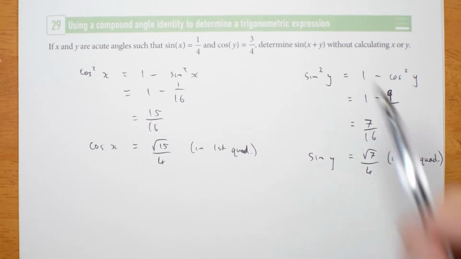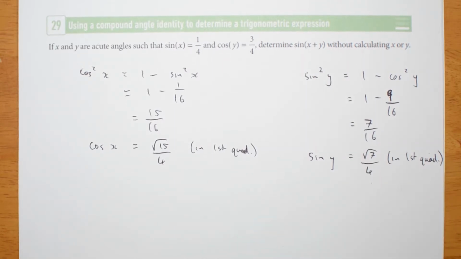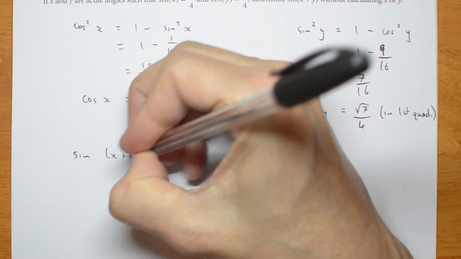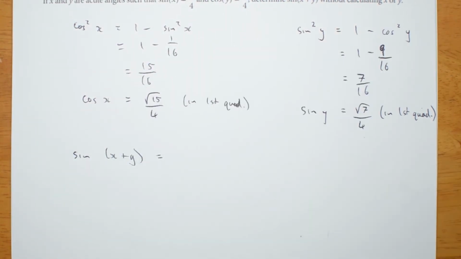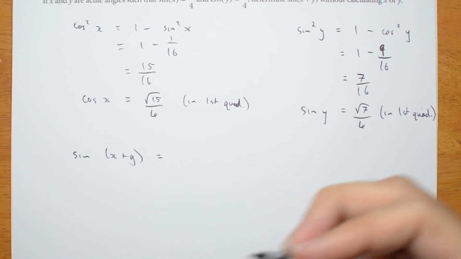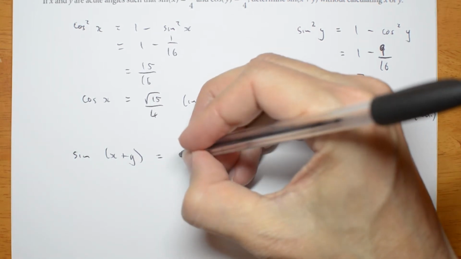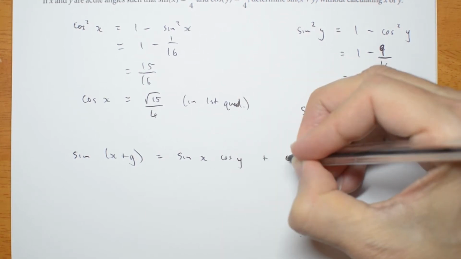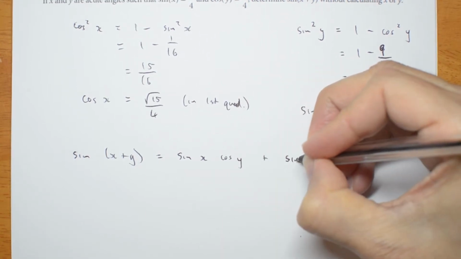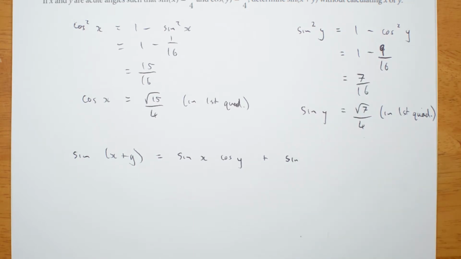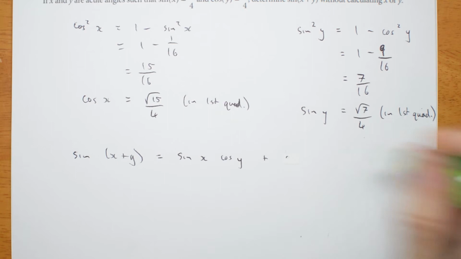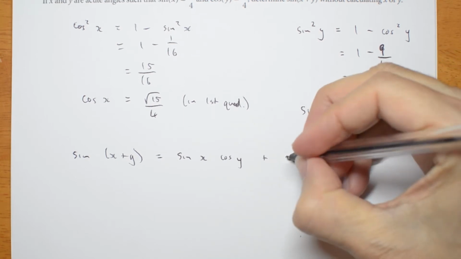Okay, now I know enough to work out sine x plus y. Sine x plus y is sine x cos y plus cos x sine y. I mean, you can write it either way, but I'll just confuse myself as well as you.